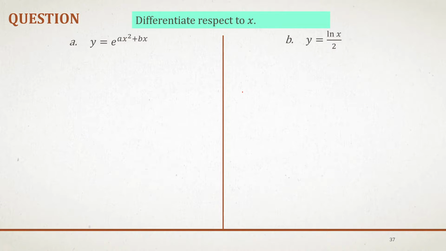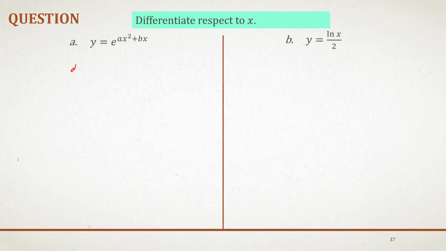So we go through quickly a few examples that are going to help you do all the revision. Okay. Now the first question is, when we have y equals e to the power of (ax squared plus bx), we don't care how complicated the exponent or the power is, as long as it's an exponent.